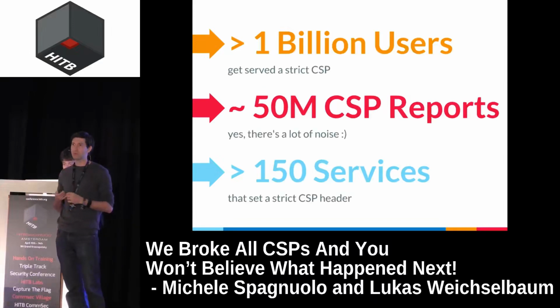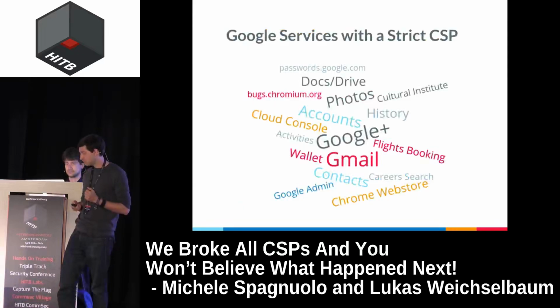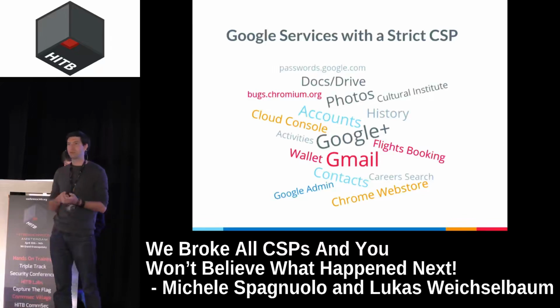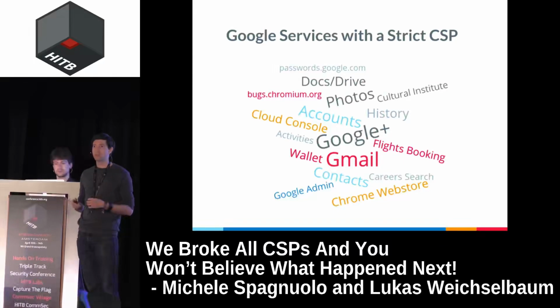And this is actually a big problem for us because it makes it really hard to find out if you have some real breakage or if it's just noise. But we have a slide about that as well later. So a couple of services you may know that have the strict CSP already deployed are Google Photos, Google Plus, accounts at google.com, passwords at google.com, the sensitive domains, and many more.